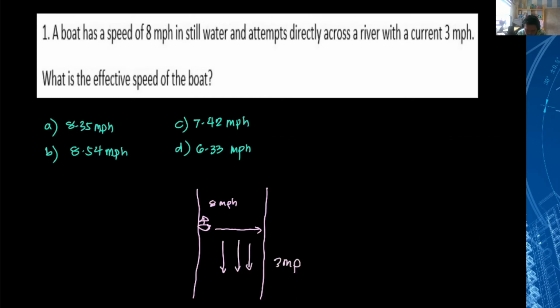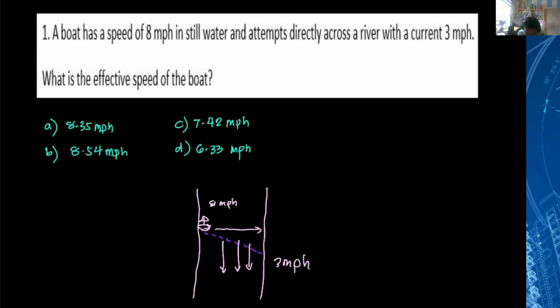If we put together all the velocities, the boat is traveling at 8 miles per hour and the current at 3 miles per hour, so the boat is passing through this path.